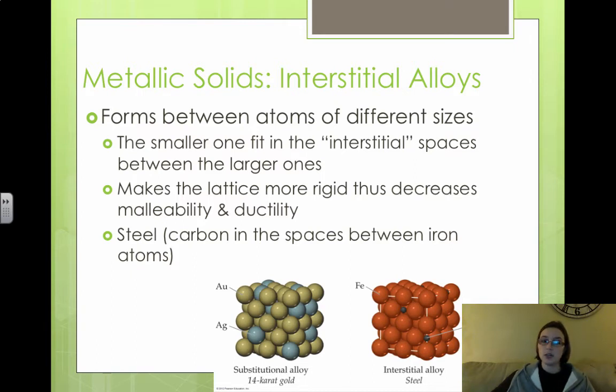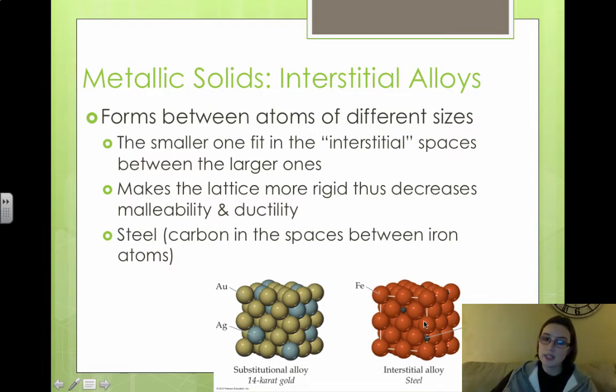In an interstitial alloy, it forms between atoms of different sizes. So typically you have to have an atom that is significantly smaller, because in an interstitial alloy, a second element actually fills in a space or a hole in the lattice of the metal atom. So no original metal atoms are being removed, but you can see down here that we have solid iron.